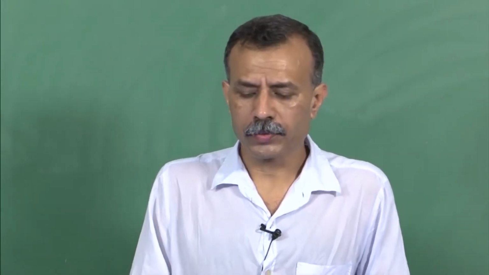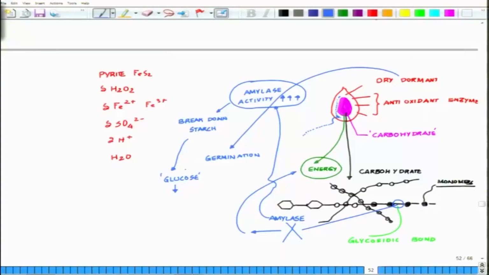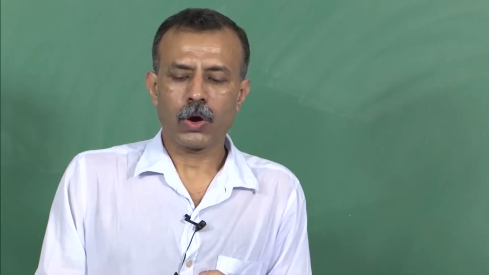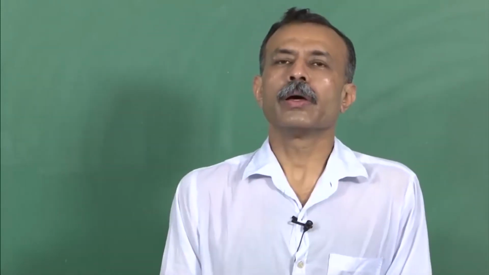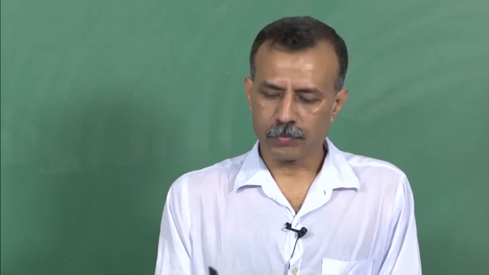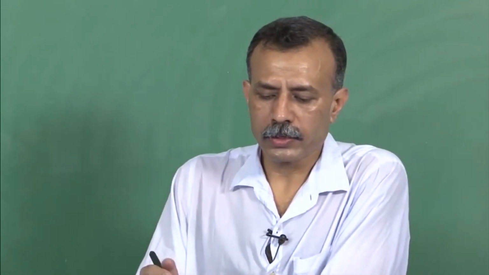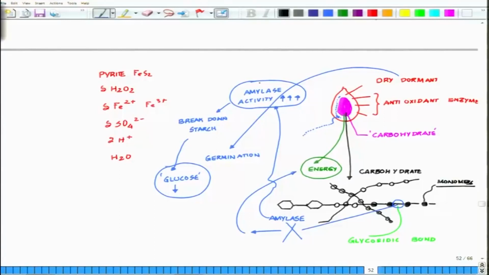It is not easy. Now, the sugars which are getting produced are the ones which are the source of energy. Now, if you think about the way we can hasten this process or make germination happen in some way or other, we would need to ensure the amylase activity is initiated.